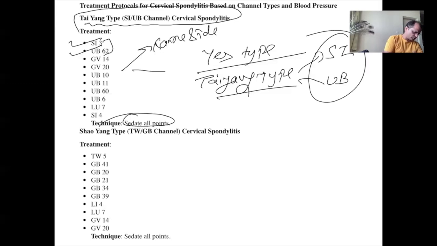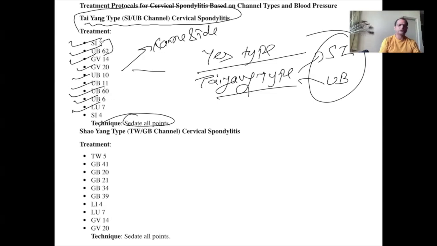We know governing vessel 14 is the local point of the neck. Then we are taking governing vessel 20. UB10 and 11 are the local points of the neck. UB60 will be the distal point. UB6 on the top of the head is a very effective skull point.